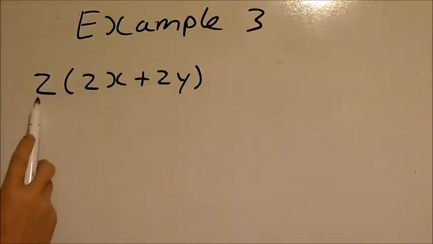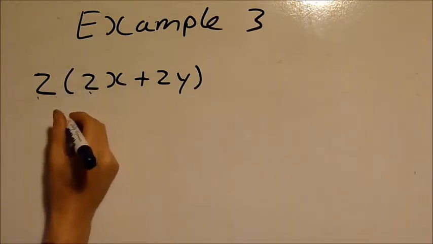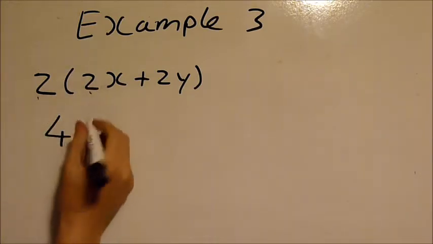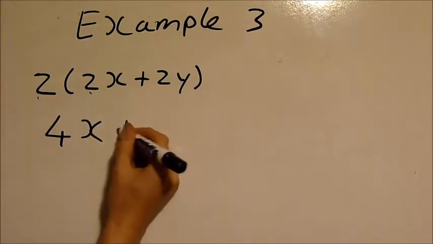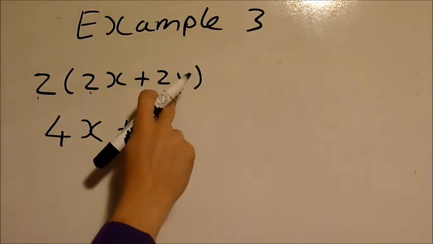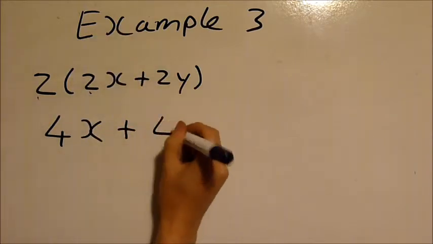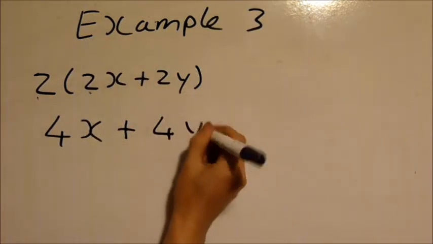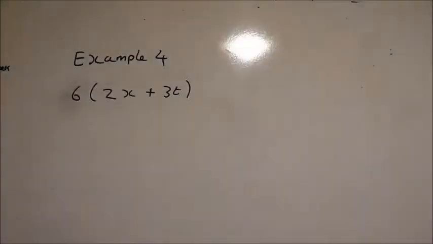So 2 times 2x, well that's just 2 times 2, which is 4, and that's x, plus 2 lots of 2y, or 2 times 2y, which is going to be 2 times 2 is 4, and then we have the y. And that's the solution.